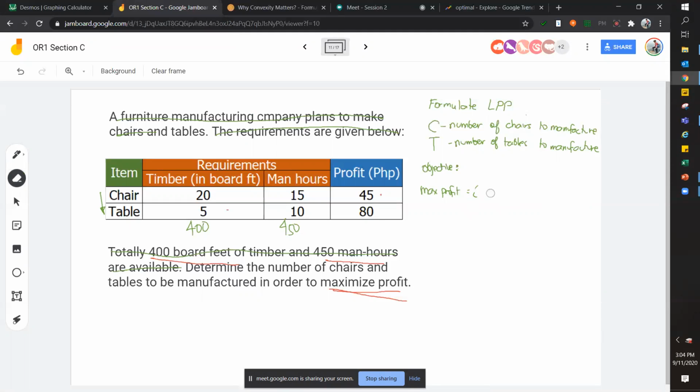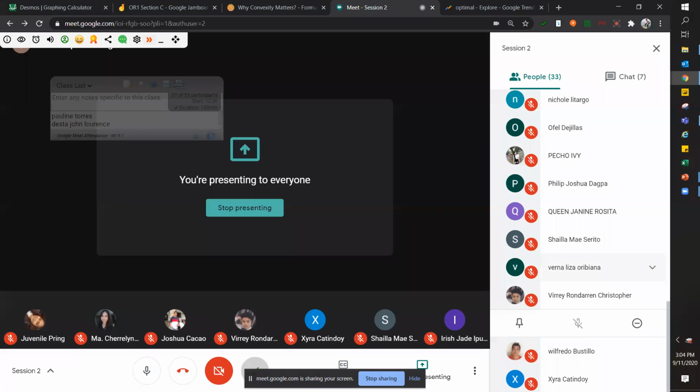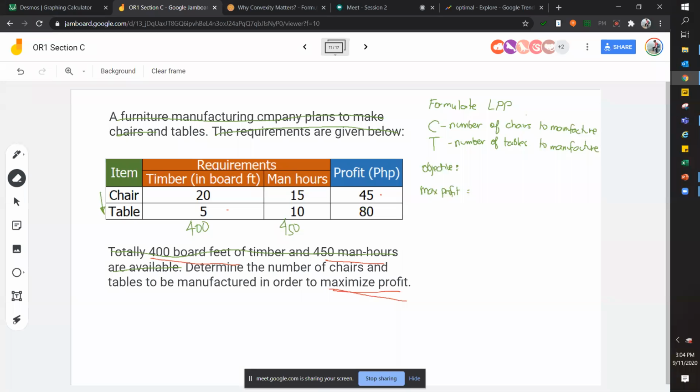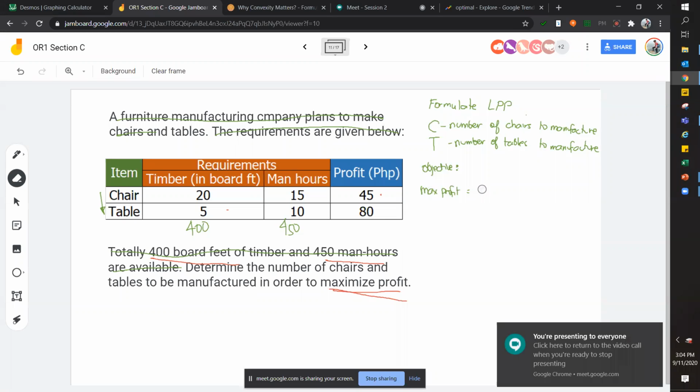Nakalimutan na kung papaano. Sige, tawag pa tayo ng iba pa. Ma'am Verna? Okay. So, ikaw po. Ano po yung ating equation for maximum profit?